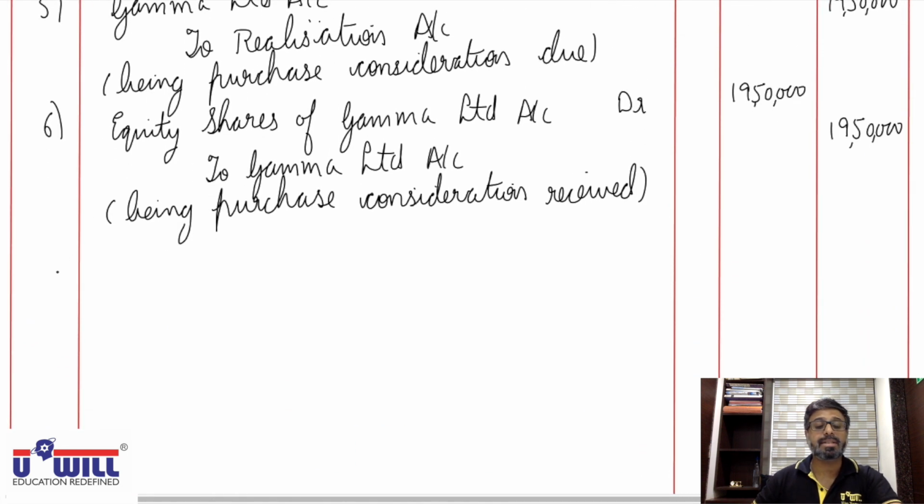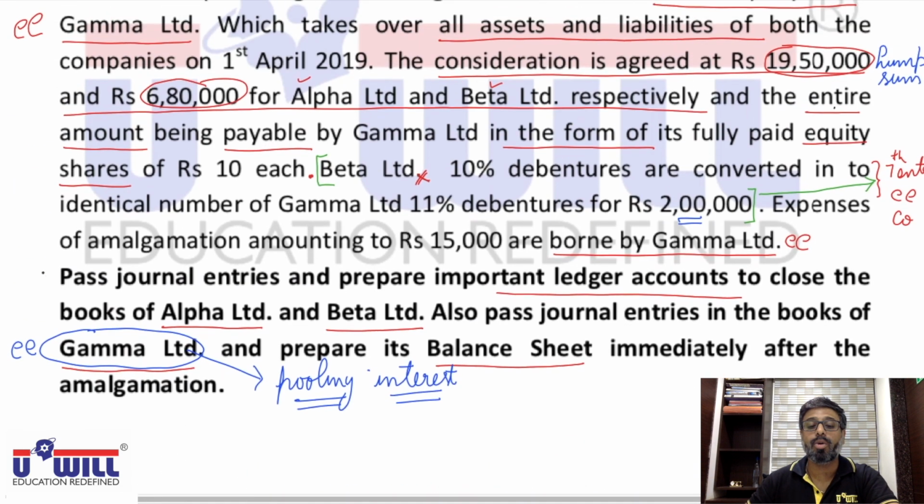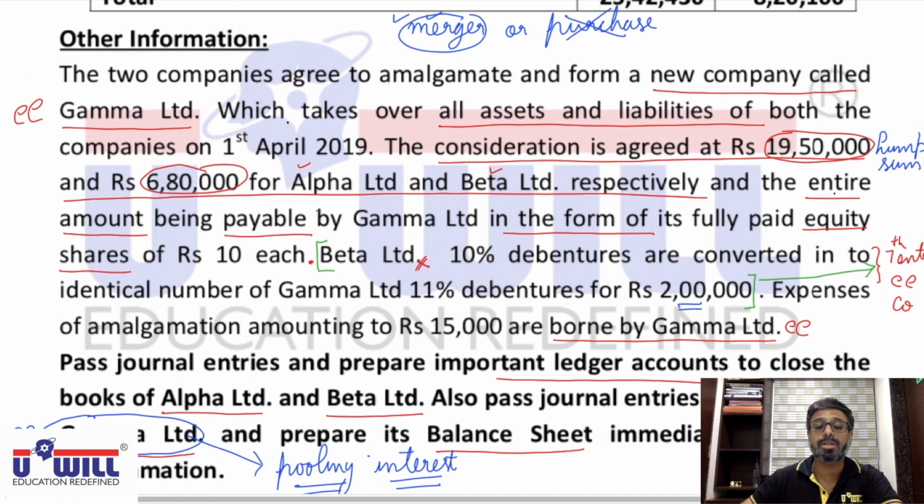Now after purchase consideration received, understand it everyone. The next entry is for sale of assets which are not taken over. Here there are no assets which are not taken over because look at this second sentence: Gamma Limited takes over all the assets and liabilities of both the companies. So there are no assets left out to be sold by Alpha Limited itself.